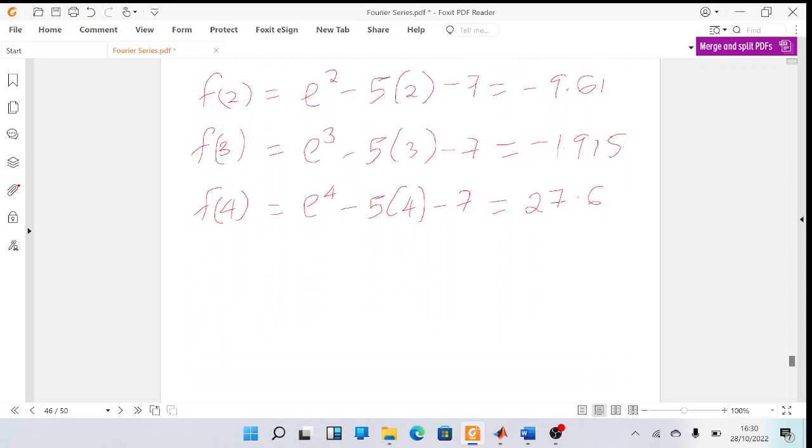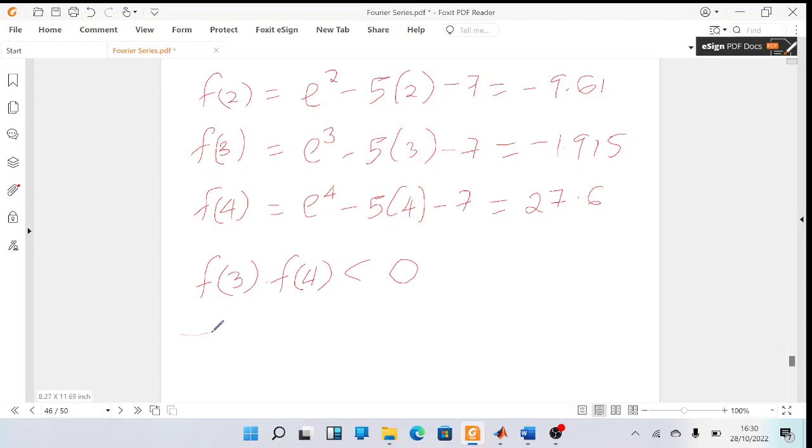So clearly, we see that when we multiply f of 3 by f of 4, we shall be multiplying a negative value, negative 1.9, by a positive value, 27.6, so the value we get will be negative, less than 0.